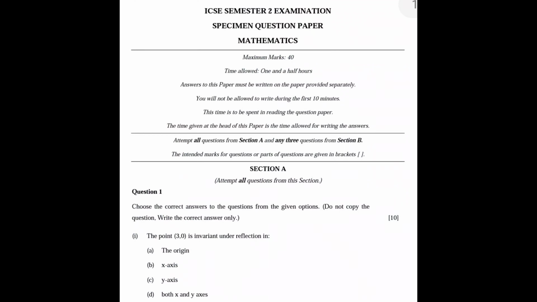Okay, the first question is, this is the ICSE Semester 2 examination, specimen question paper, mathematics, for the year 2022. Maximum marks 40.